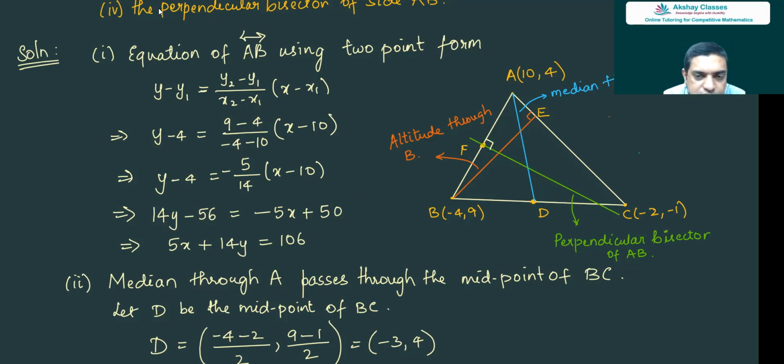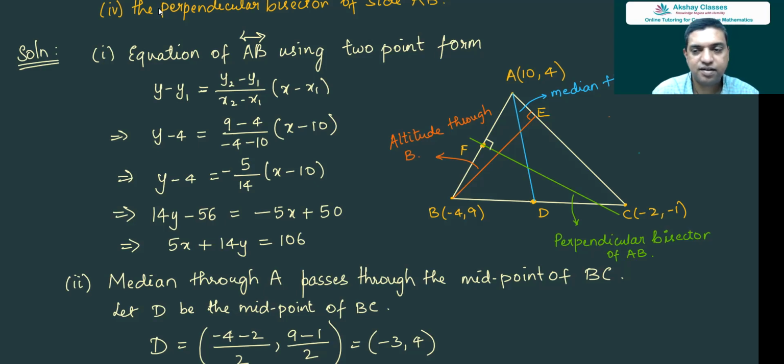Think. If you have done the previous question, then this question will be easy. We just did that M1 M2 is equal to -1. So what will be M1? M1 will be slope of AB.